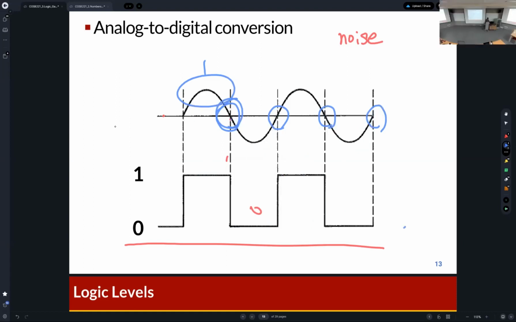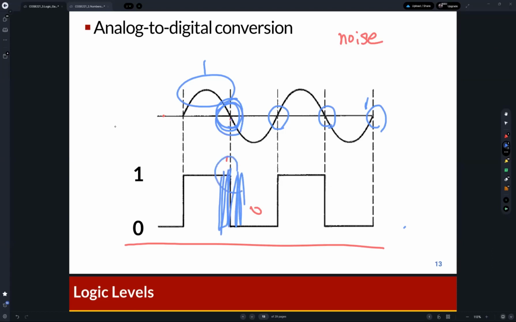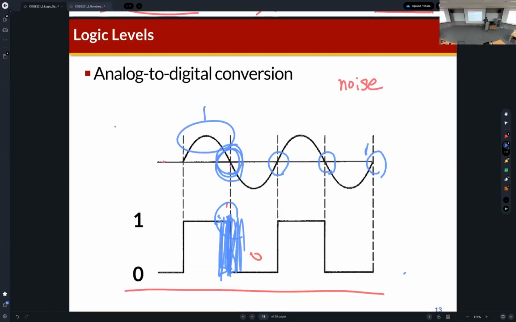But if we just apply this very simple concept, the signal changes frequently in this region, and that's the problem. In order to use the logic, we need to simplify the real analog signal. You can find very frequent changes of these levels at this point, and we need to avoid this problem.